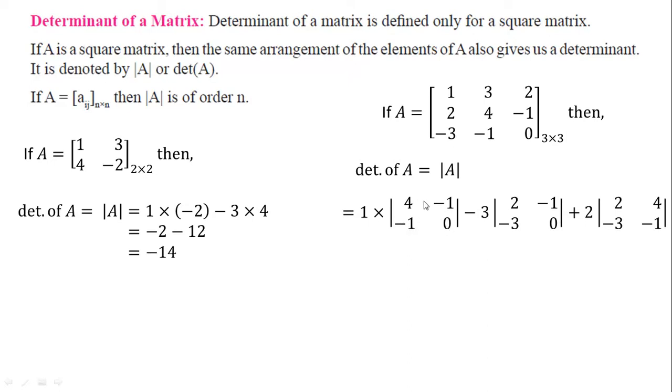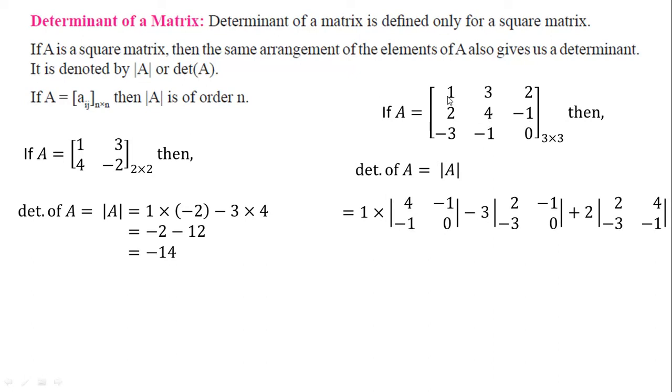So 1 into this determinant, then take the minus sign, and then write the next element, that is 3. Now the same procedure, remove the corresponding row and column, and write the other elements, that is 2 minus 1, minus 3 0 in determinant form, plus 2 into, the same procedure, remove row and column, we get 2 4, minus 3 minus 1.